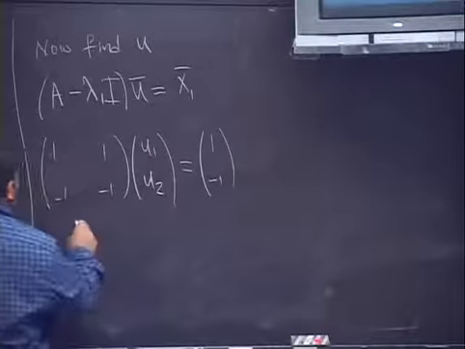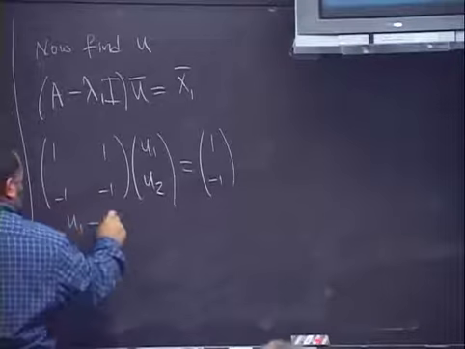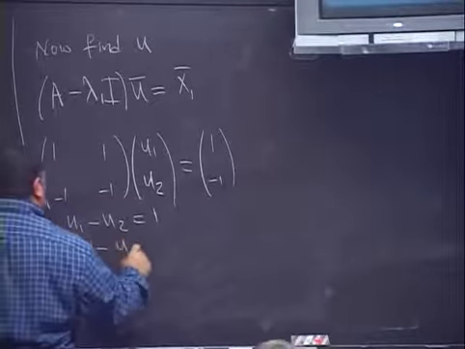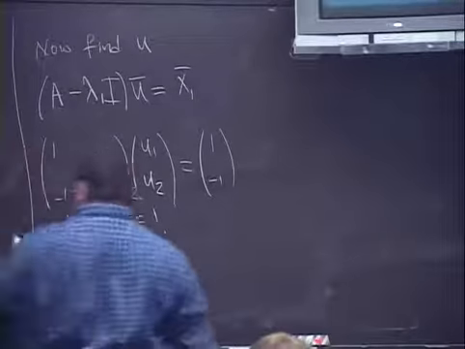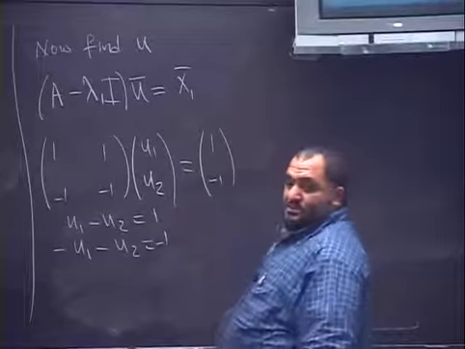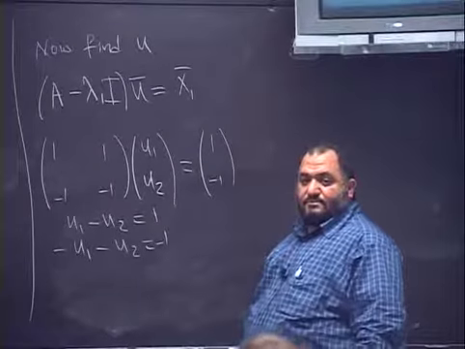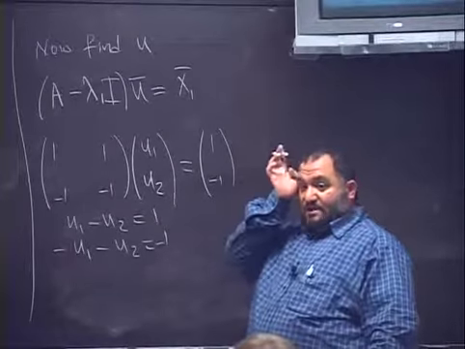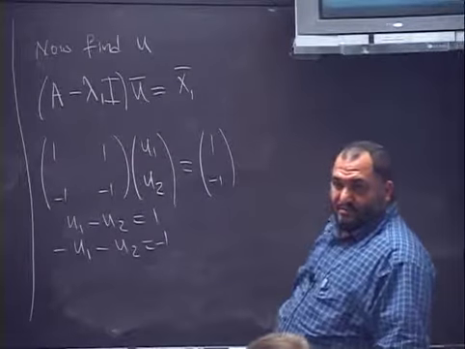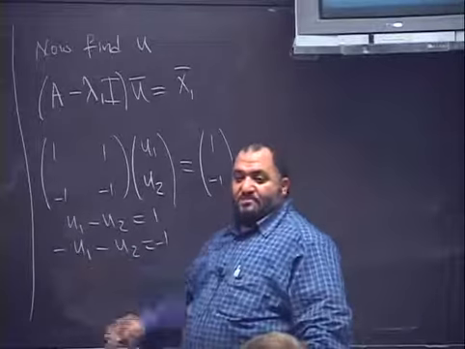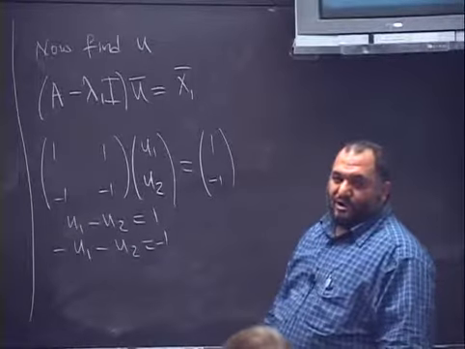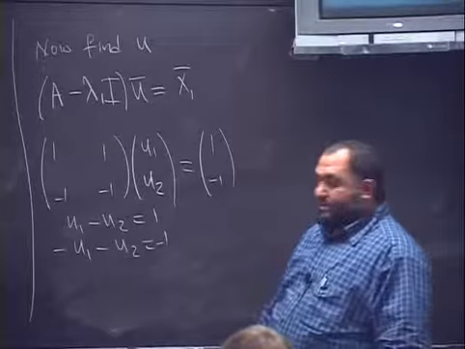This will give you u1 plus u2 equal to 1, or minus u1 minus u2 equal to minus 1. So it is the same equation. So we have infinitely many what? Solutions. Yes? It depends on the value that you will pick up for u1. u2 will depend accordingly. They are linearly dependent.